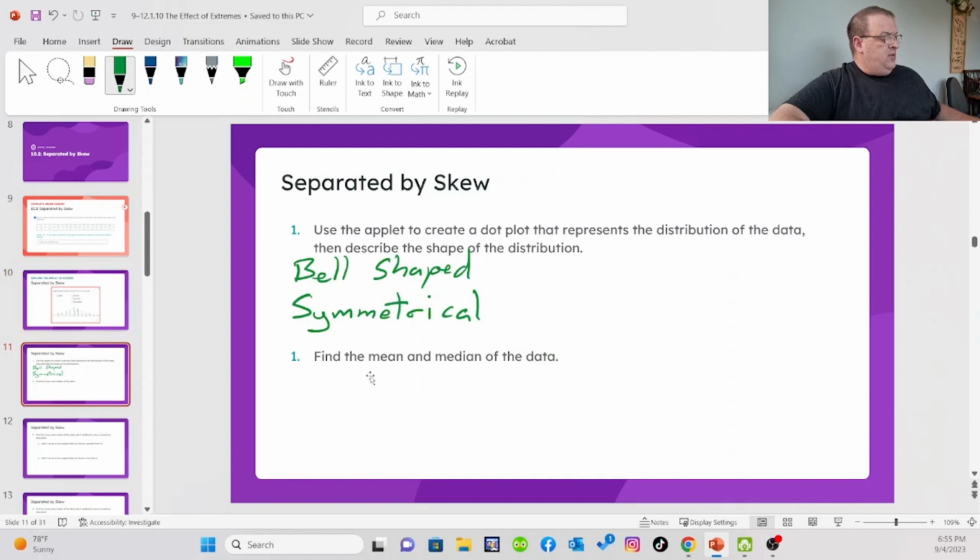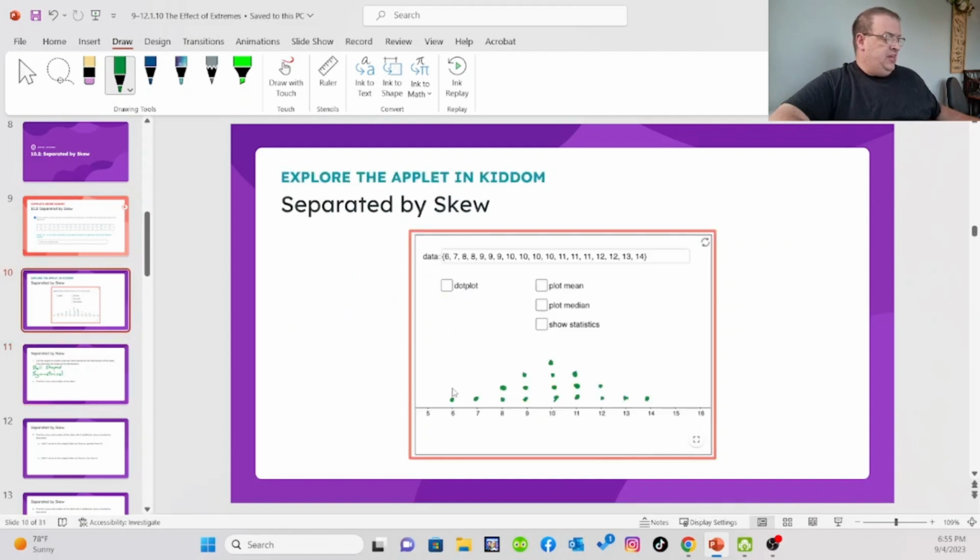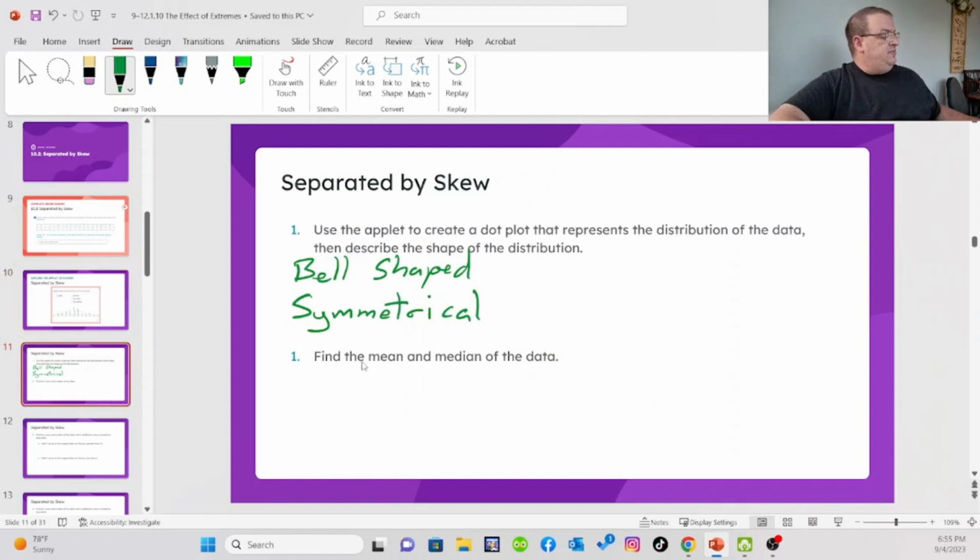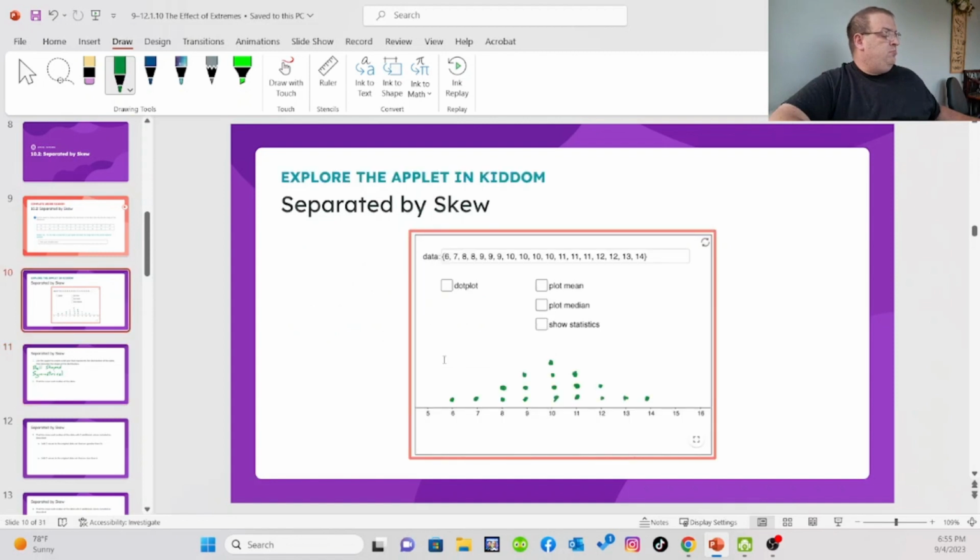The next thing they want us to do is find the mean and the median. So if you're doing this in the Kitim website, you can click these boxes and it will calculate them for you. But on here, the first one we can do is the median. Remember that the median is the middle point. So here, as we look, we've got 1, 1, 2, 3 from the left. We've got 1, 1, 2, 3 from the right.